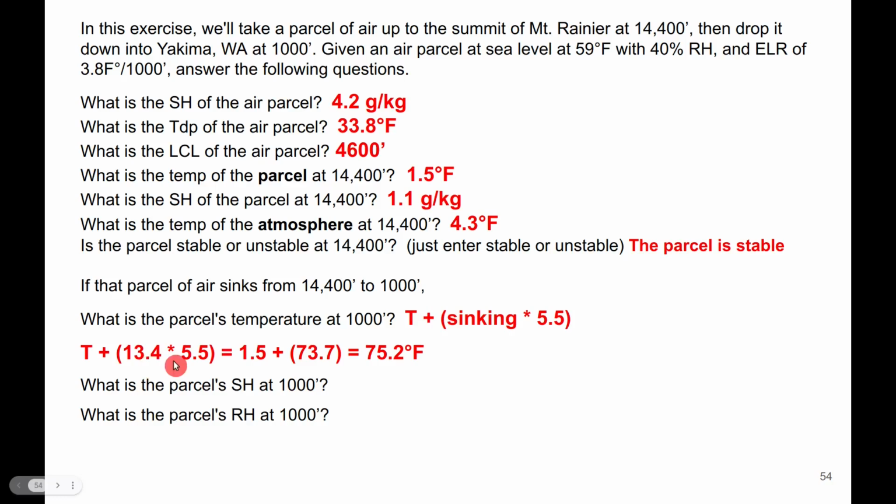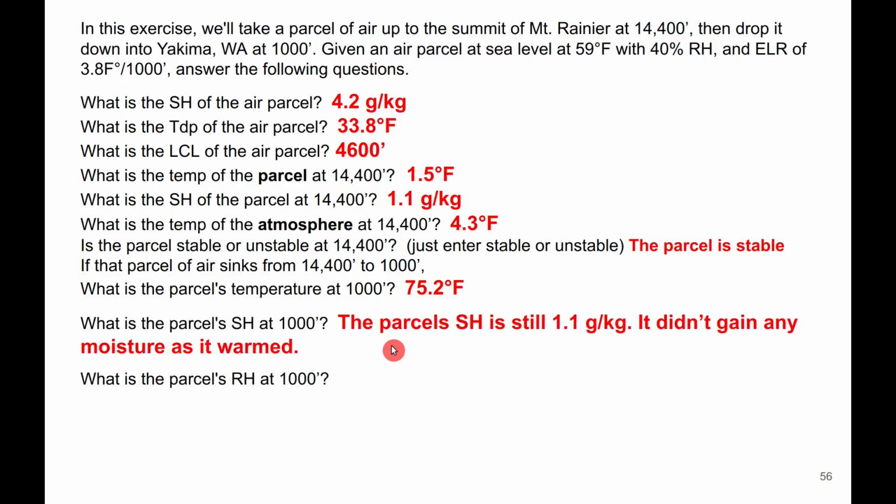It's sinking 13.4 thousand feet. Remember, the summit is at 14.4, and we're dropping down to 1,000, so that's 13,400 feet times 5.5. That works out to 73.7. The temperature of the parcel at the summit was 1.5, so 1.5 plus the warming gets us to 75.2 degrees.